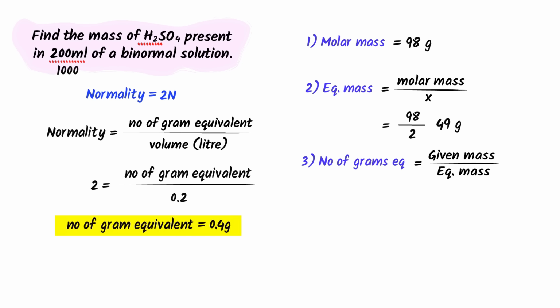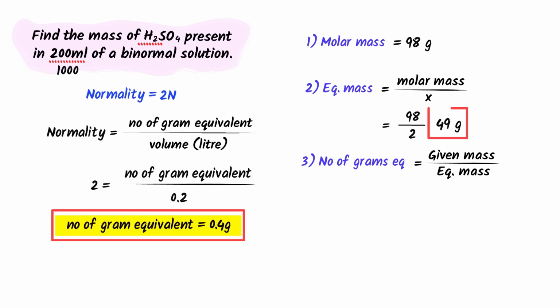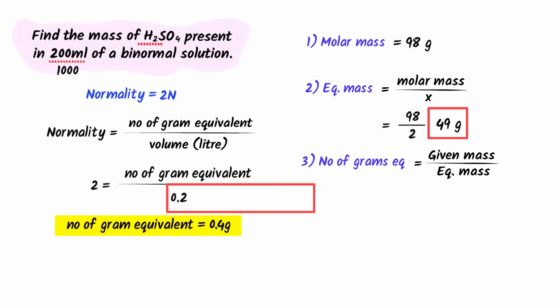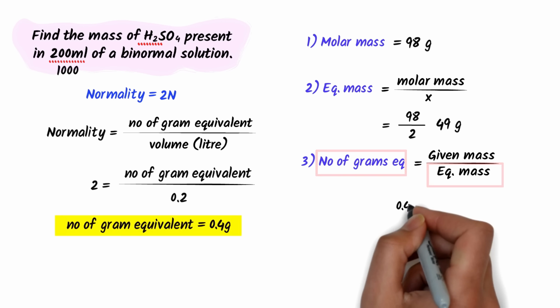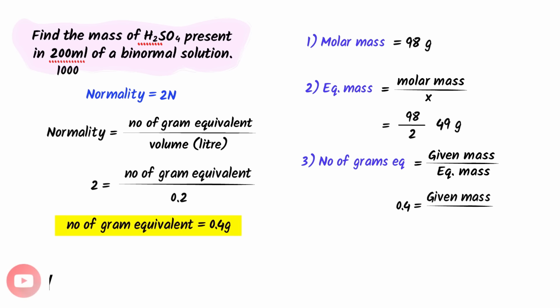Now listen carefully. We have already calculated the number of gram equivalent of solute, which is 0.4 gram. Secondly, we have already calculated equivalent mass, which is 49 gram. Now if I put these two values in this equation, I can get the value of given mass, which is required. So I put these two values in this equation.